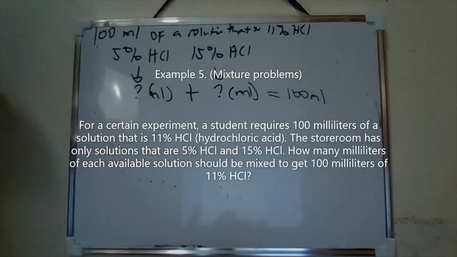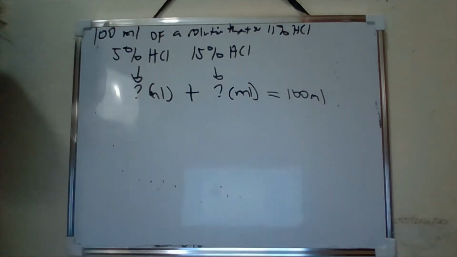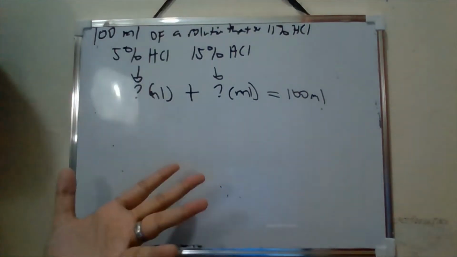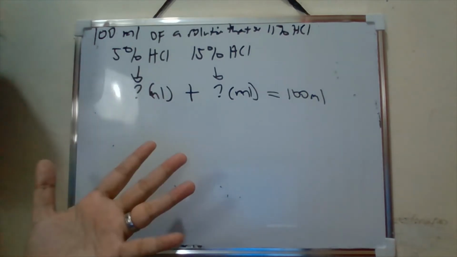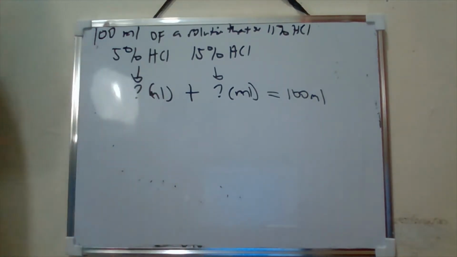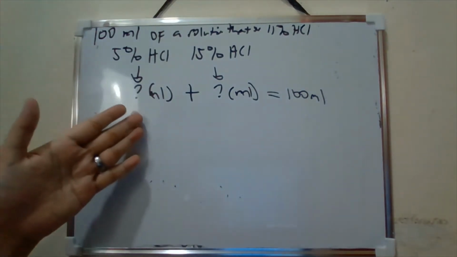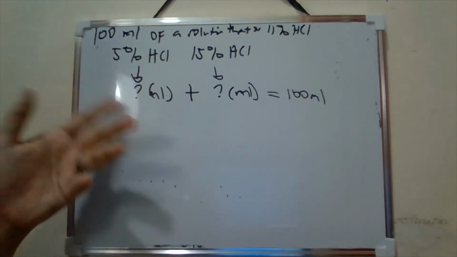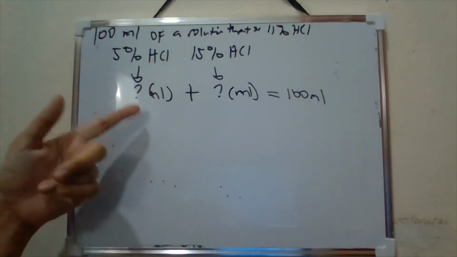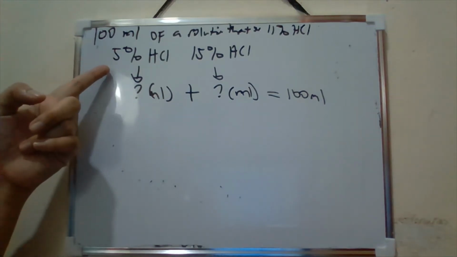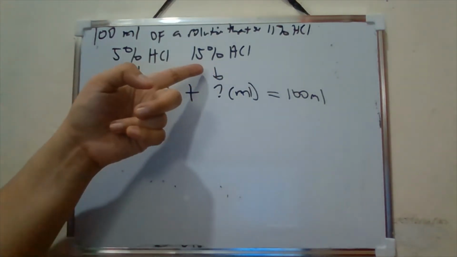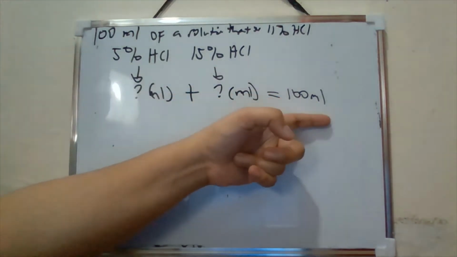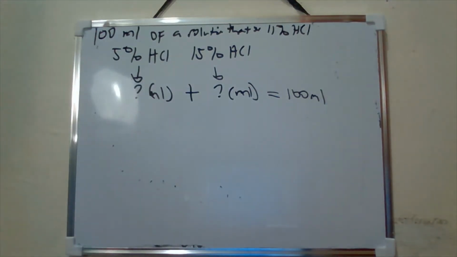So now that we have our details on the board, what we need to do next is to assign the variables. We need to identify how many milliliters we should get from the 5% and then from the 15% to get the 100 milliliters.